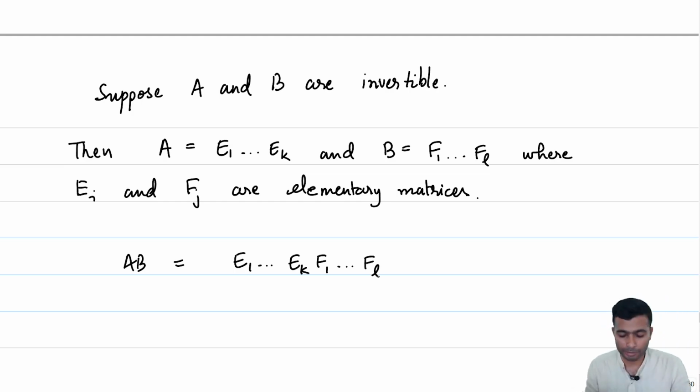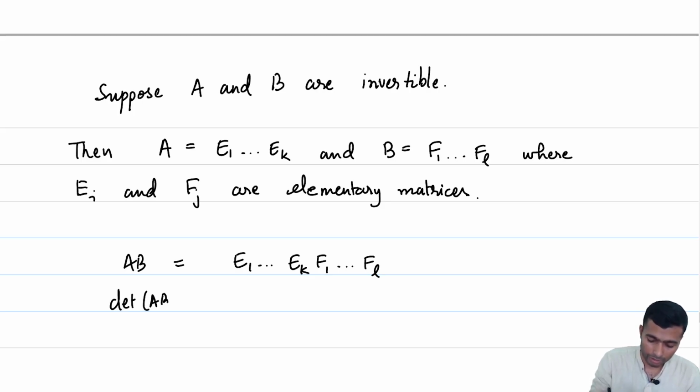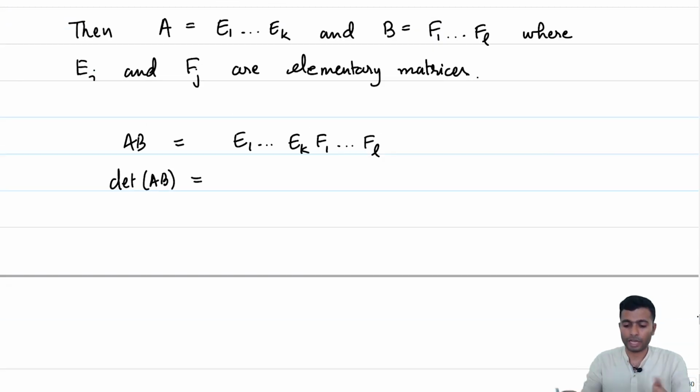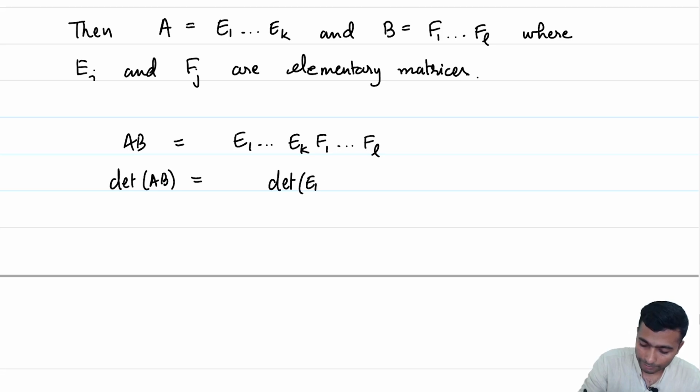But these are all elementary matrices, and we know that if you look at determinant of AB, this is equal to the determinant of the RHS, which splits because it is elementary matrices. We have already checked that it splits for the case when it is an elementary matrix.